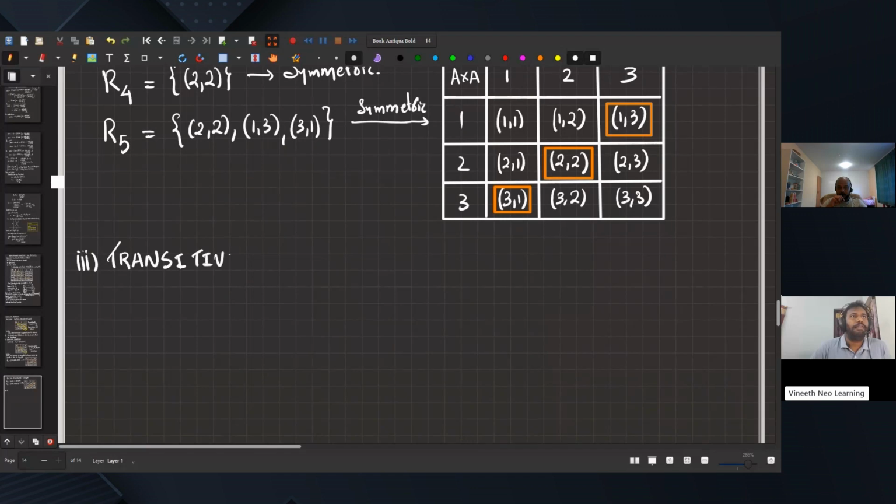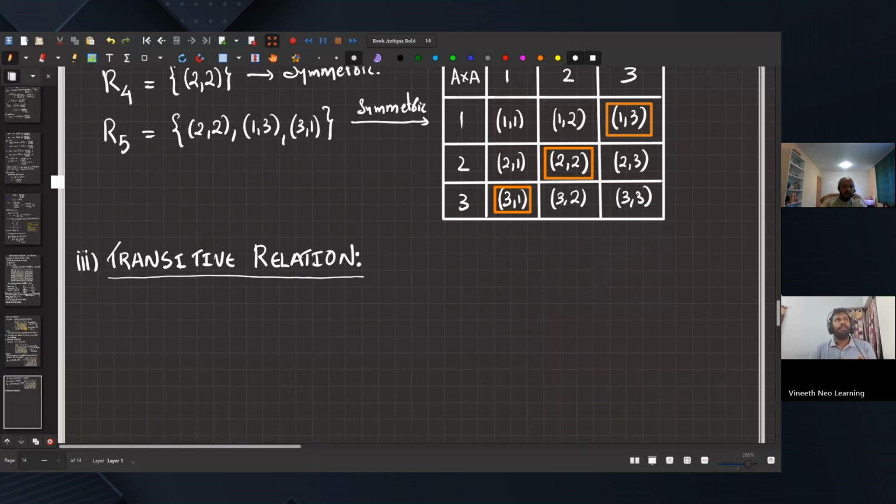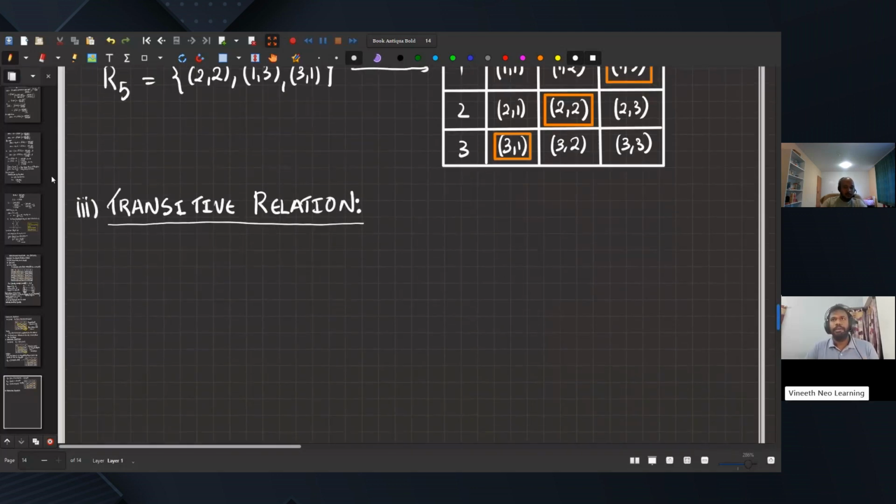For that, I am going to define a new algebraic product, called the transitive product. It is a new kind of definition, a purely algebraic definition. It is very interesting, and that's why I want to discuss this topic.